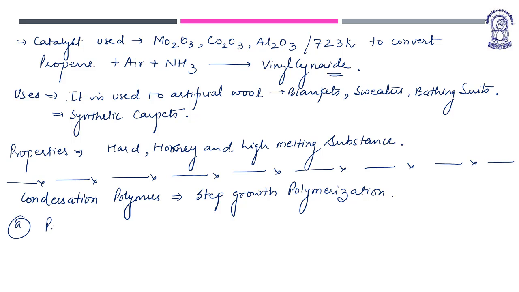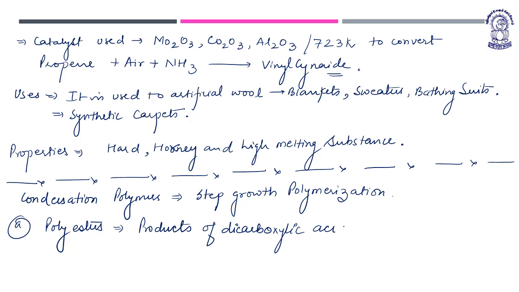The first example is polyester. They are the products of dicarboxylic acid and diols. They have ester linkages. That is why the name is given polyester.